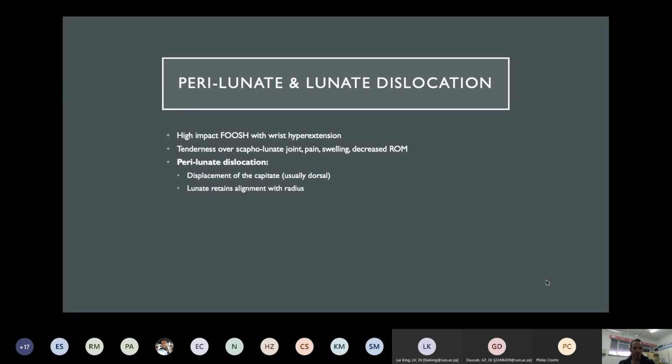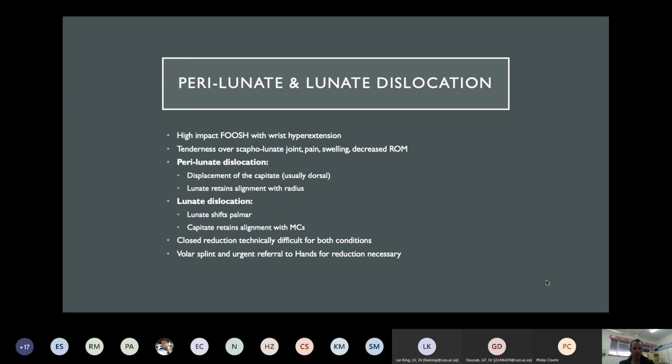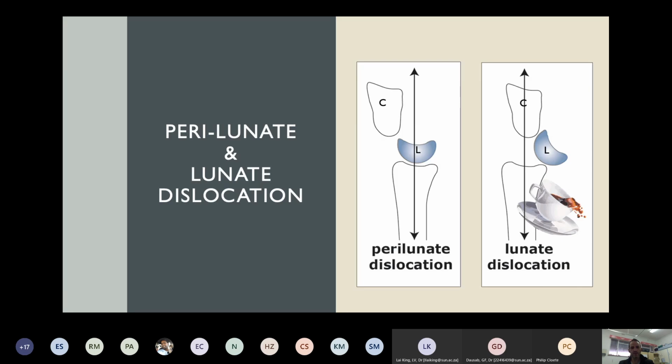So the capitate is usually displaced dorsally while the lunate retains alignment with the radius. In lunate dislocation, the lunate is dislocated, usually in a palmar direction, whereas the capitate retains alignment with the radius and the metacarpals. Closed reduction is quite difficult for both these conditions, so your best bet is to apply a splint, usually a volar splint, and urgent referral to hands for reductions if necessary.